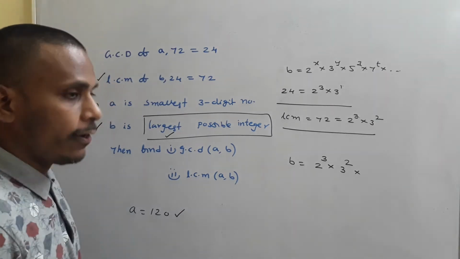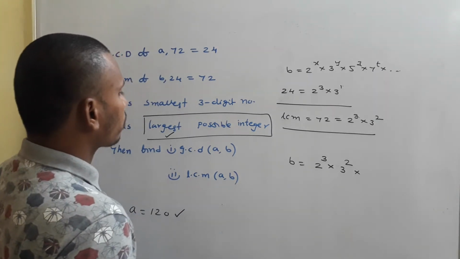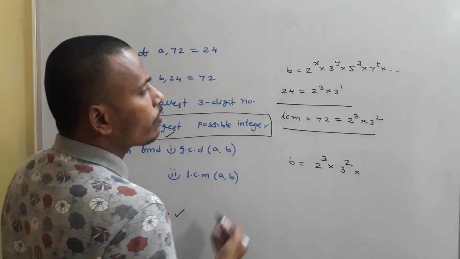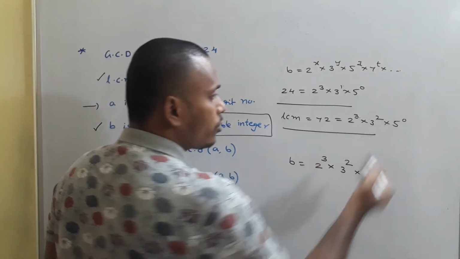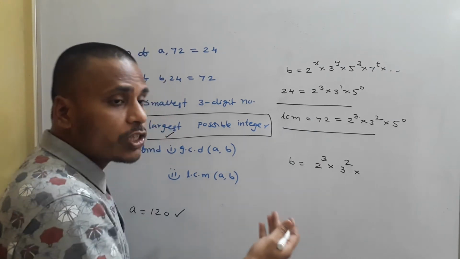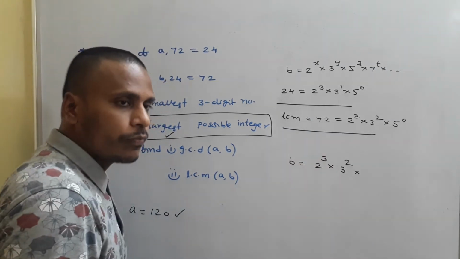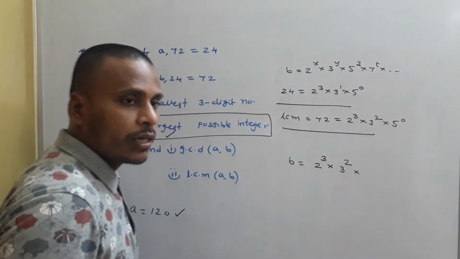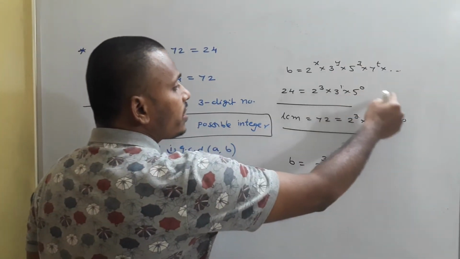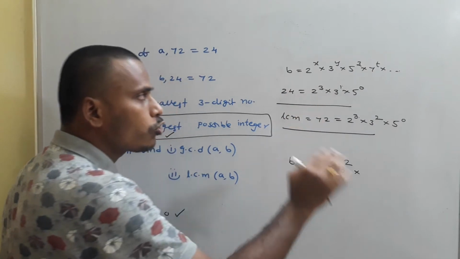Then coming to 5. Here we have 5 power 0, and in LCM also we have 5 power 0, because 5 is not involved, you may use 5 power 0. So the maximum value of z and 0 is 0. Since the maximum value of z and 0 is 0, z also should be 0.